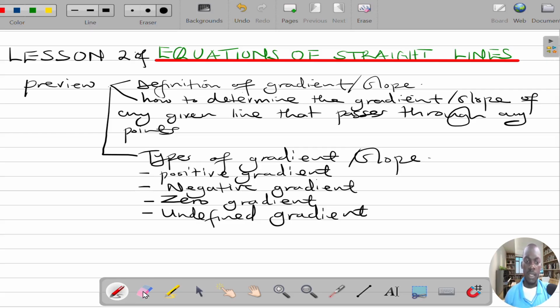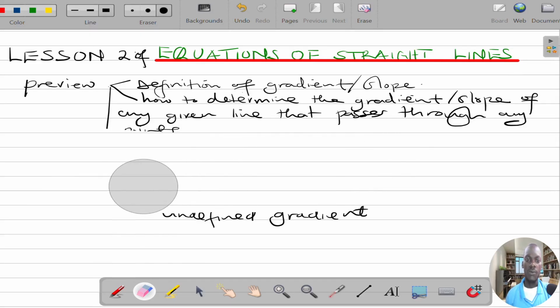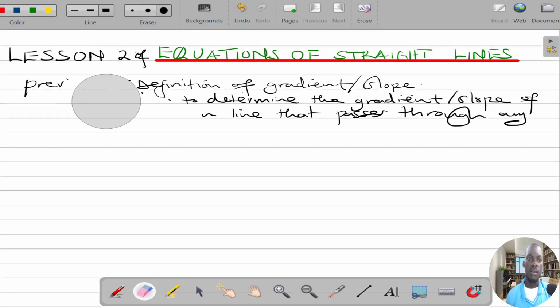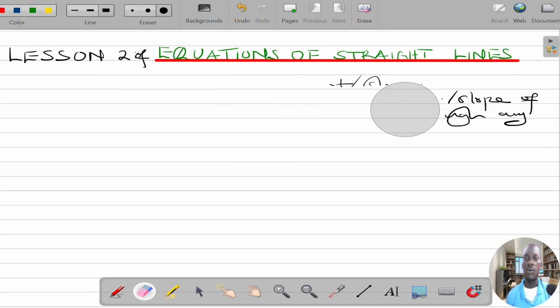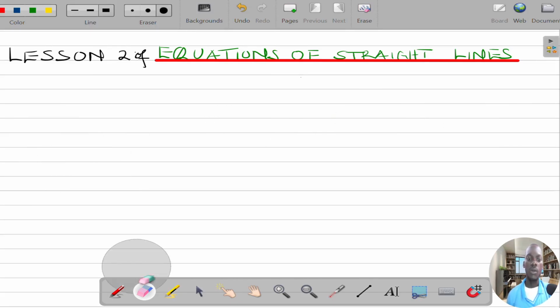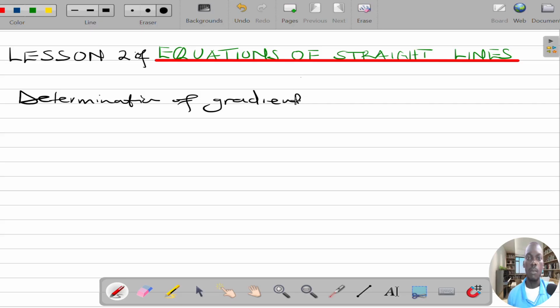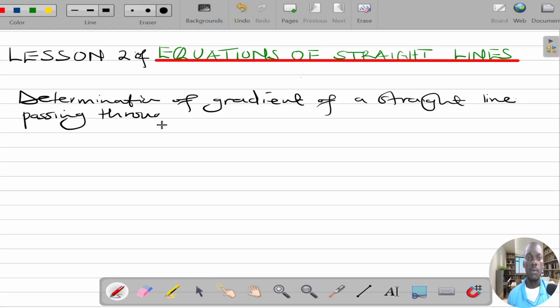All right. So today we are going to talk of something simple in lesson 2 of our topic: the determination of the gradient of a straight line passing through any 2 given points, or coordinate points.